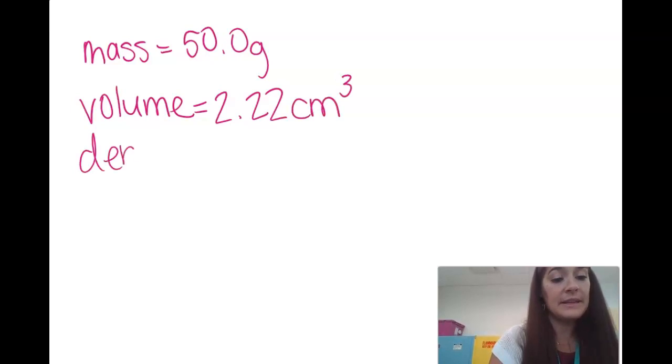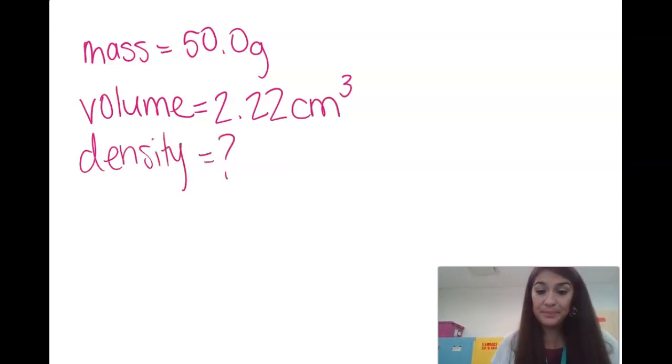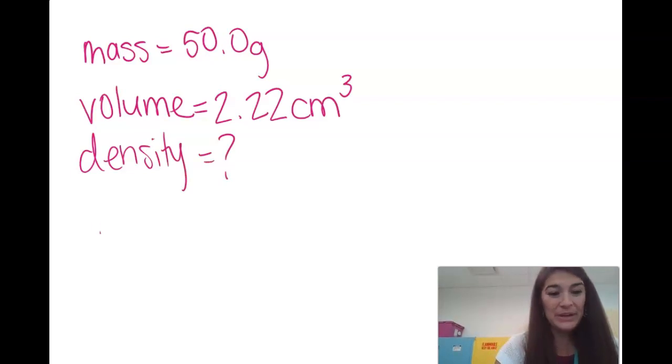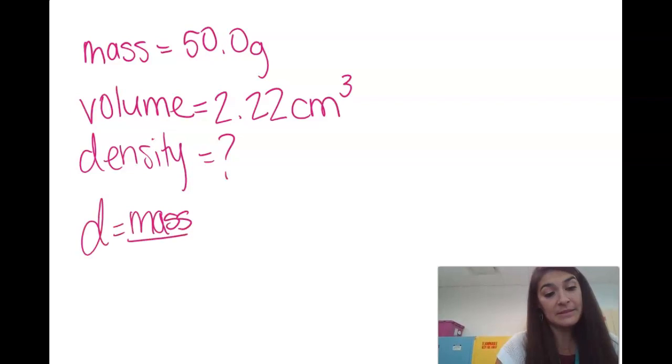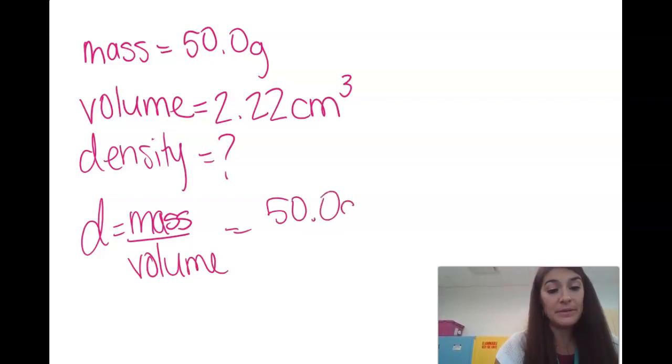And then our density is our unknown. So to set up this problem, we know that density equals mass over volume. So that's going to be our 50.0 grams over our 2.22 centimeters cubed.